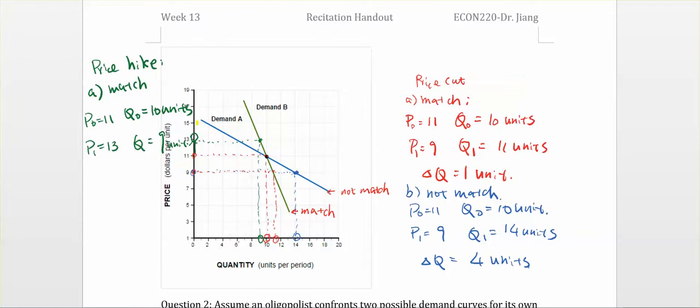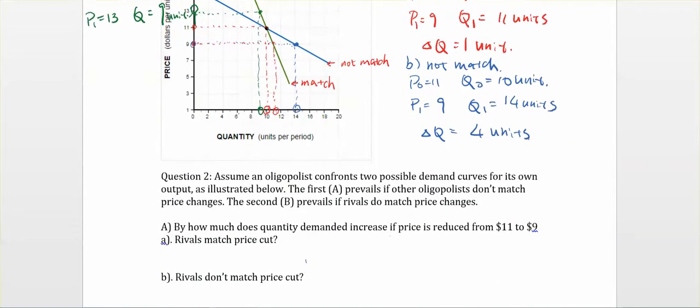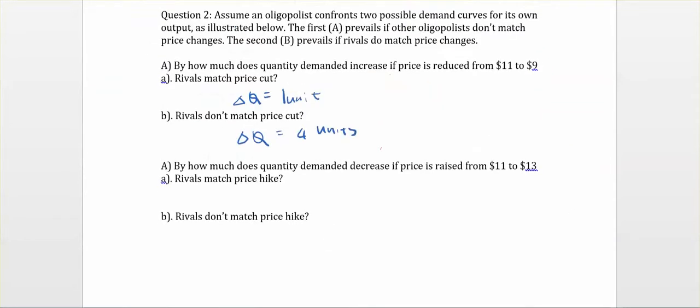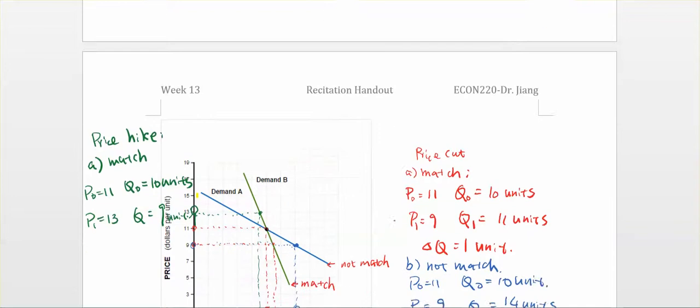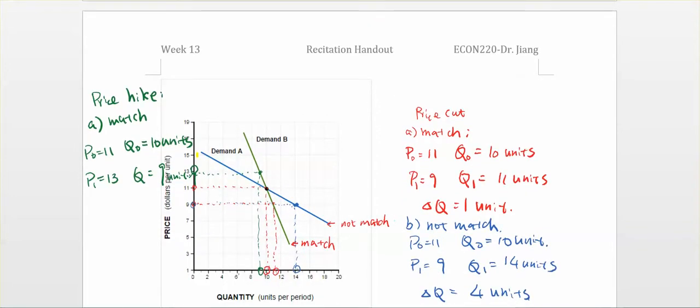From 10 units it decreases to 9 units, so the change in quantity is 1 unit.